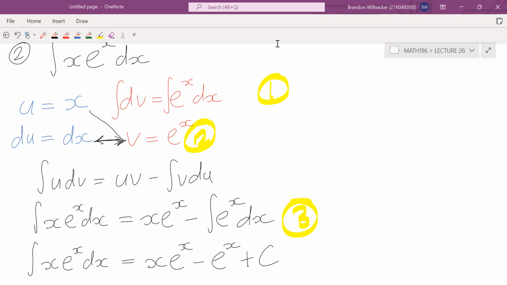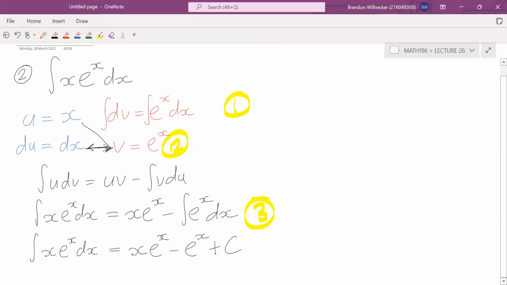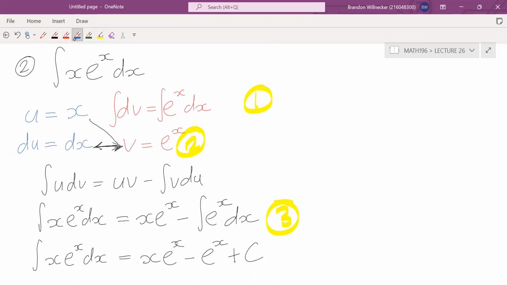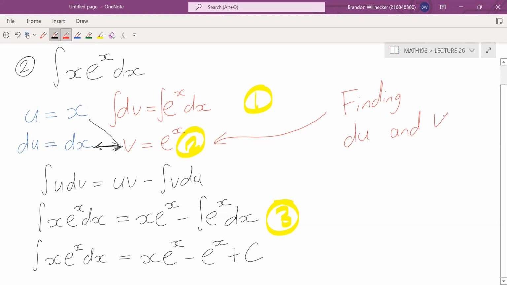Okay, are there any questions about this example? So please repeat from step 2. Okay, sure. So step 2, let me just make a little mark here. Step 2, this was finding du and v. So remember, step 1 was finding u and dv.